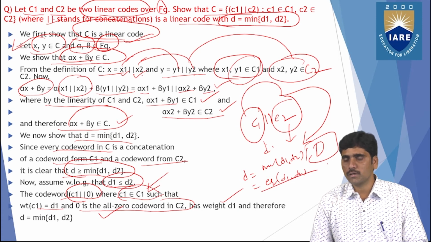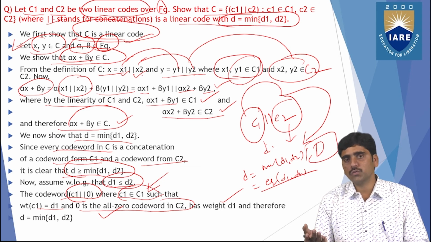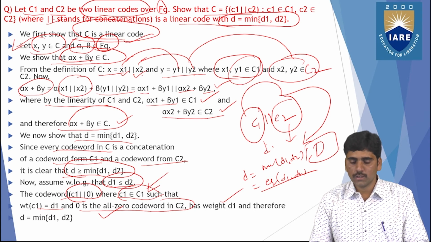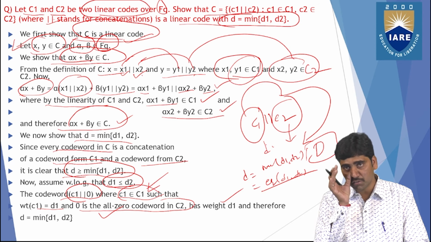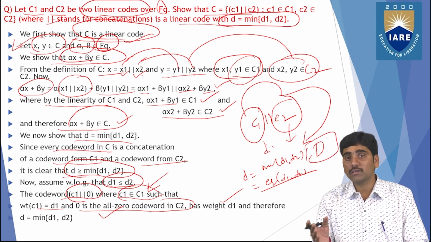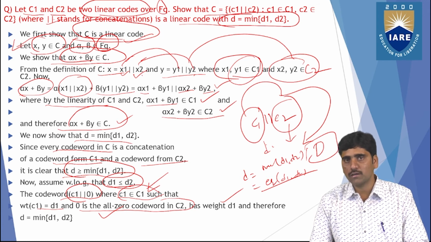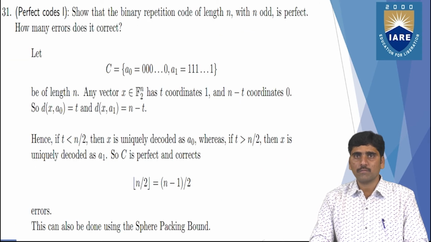So both D1 and D2 are either minimum or maximum, or both values are equal in that coset. So finally we have shown that the linear code has D equal to the minimum of D1 comma D2. So from this we are done showing this one. Okay, that is about this problem, and we'll see another problem.